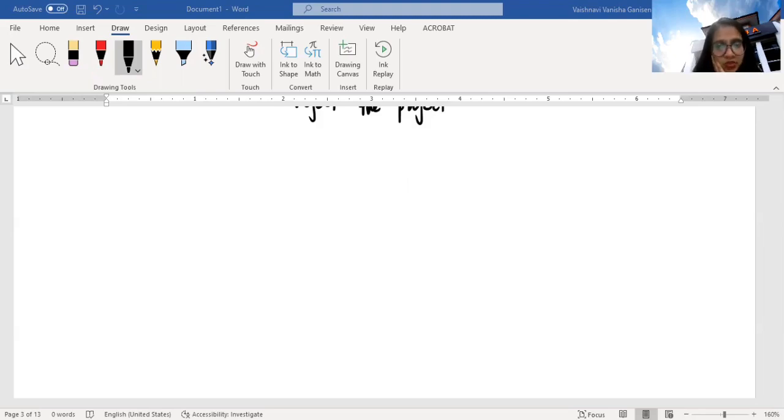Okay, so the first thing that you need to understand is what is IRR and why do you calculate IRR, right? So IRR, internal rate of return, right? What is this internal rate of return? Why do you calculate the internal rate of return? What is the function of calculating the IRR? So you must understand that the reason why you calculate IRR is because you want to know what is the return that you will get from the project.